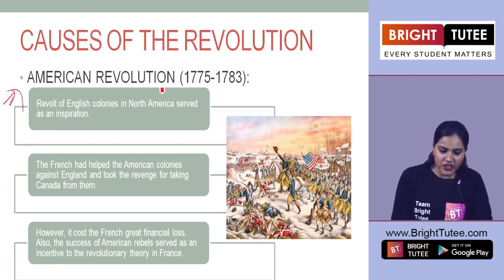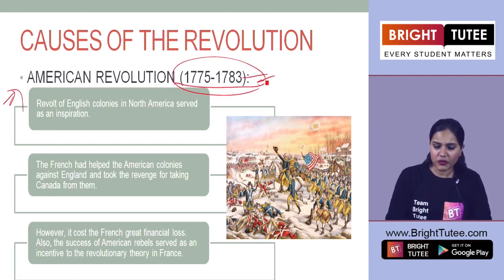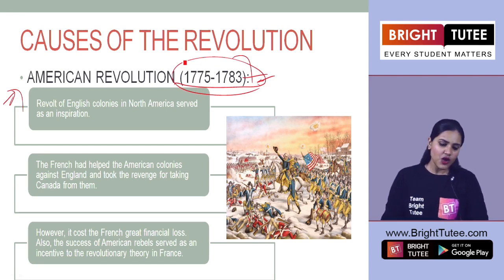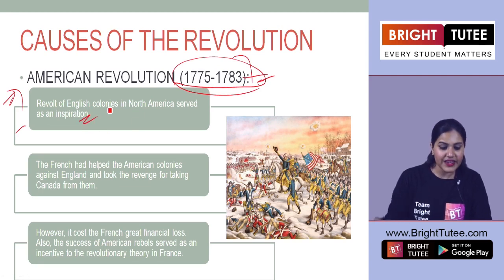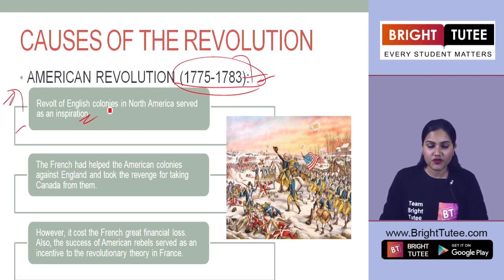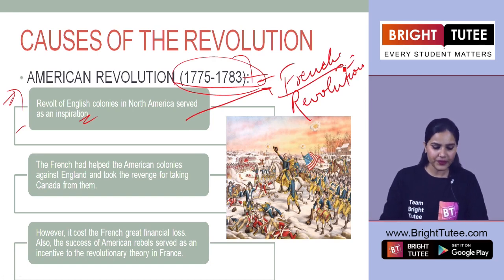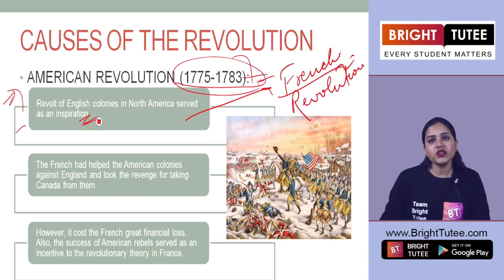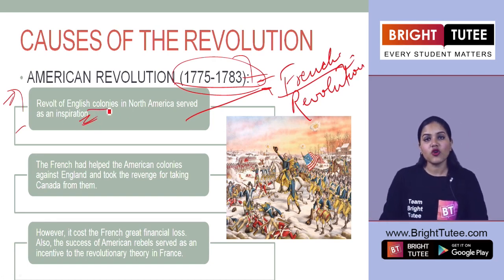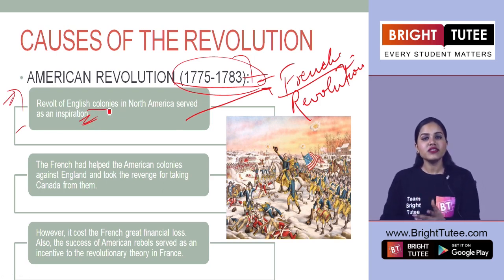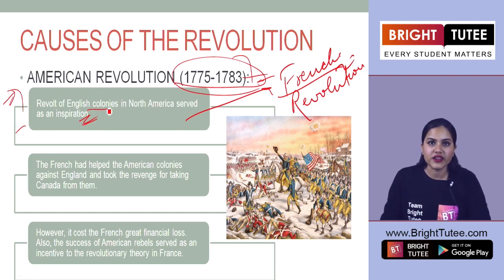So the American Revolution took place almost between this period. The revolt of English colonies in North America served as an inspiration for the French, and a revolution started here as well. Now, when we are talking about English colonies in North America, you have learnt a bit in modern India about the British rule in our country.